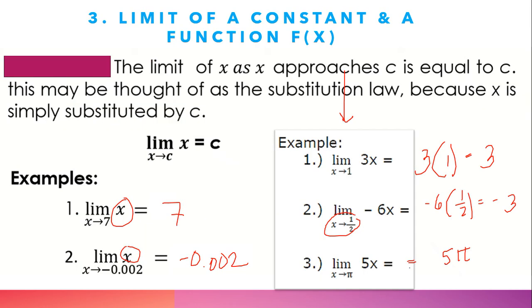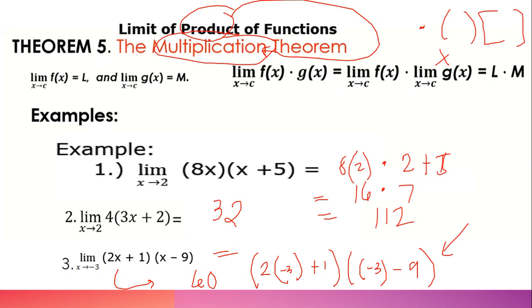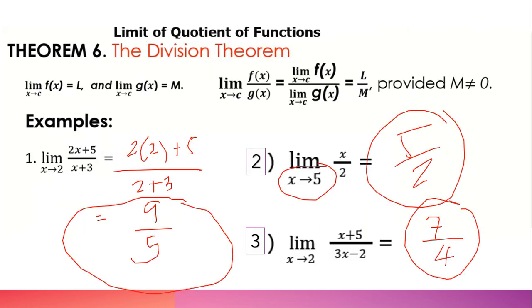But when it comes to number 3, this is the limit of a constant and a function. It is a combination of a variable and a constant. And say number 4 kasi, if ever na may plus and minus, syempre, sum in the difference. If ever po naggumamit siya ng parenthesis, multiplication symbols, syempre, product functions or limit of a product of functions o multiplication.